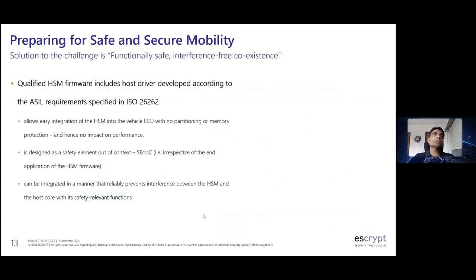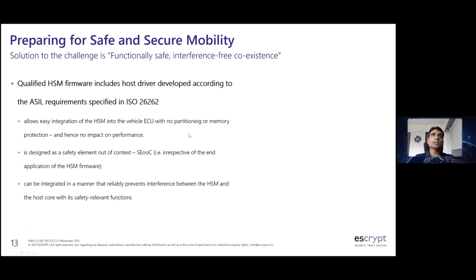So the solution for this problem is qualified HSM firmware that is actually designed as a safety element out of context. When we look at hardware being designed as a safety element out of context, even the HSM firmware should be designed as a safety element out of context, easily integratable by preventing interference between the HSM and the host cores.